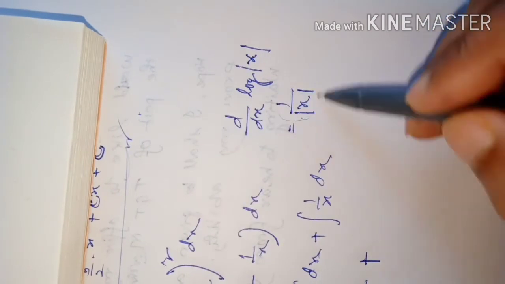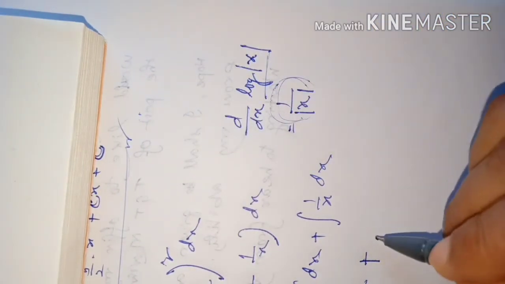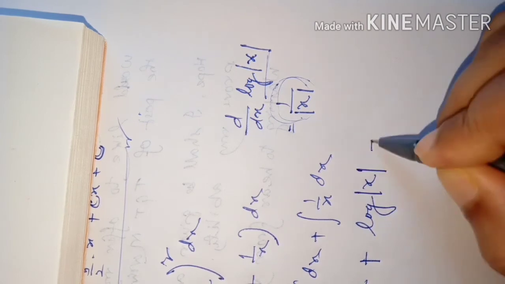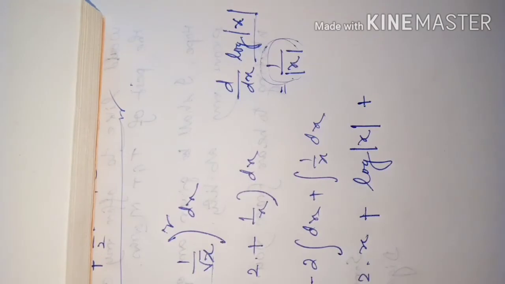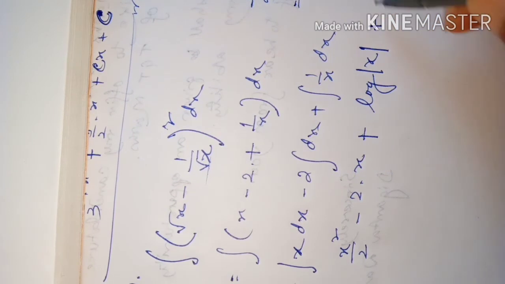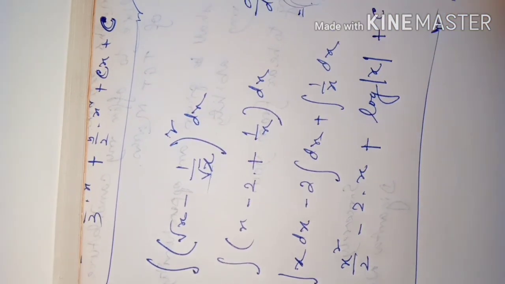So the antiderivative of 1 by x will be log of x, plus a constant. From all three parts, the 3 constants together will form a new constant, say constant c. So this will be our answer. Okay, dear students, this will be our answer.